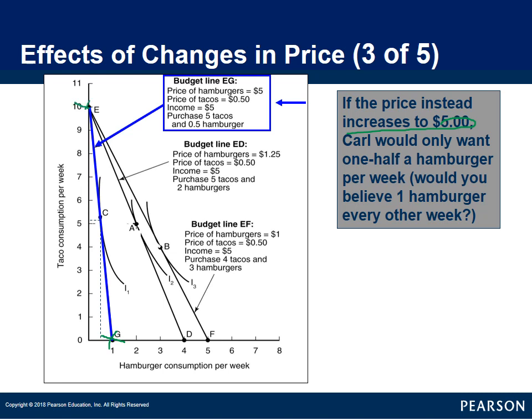Price of tacos still remains the same, and then we can see that the indifference curve that we now line up with is a much lower satisfaction curve, because indifference curve satisfactions increase as we go up and to the right of the graph, and it exists at point C. The highest satisfaction that we can get out of the price of tacos, the price of hamburger, and our budget with these numbers would be along C. So you can see as prices change, the equilibrium changes.